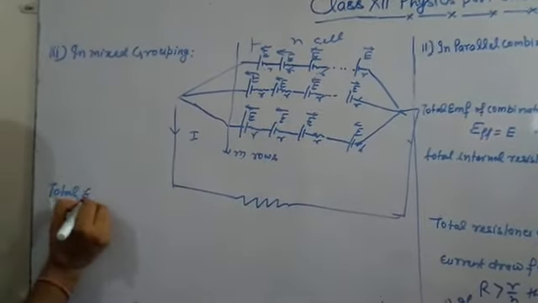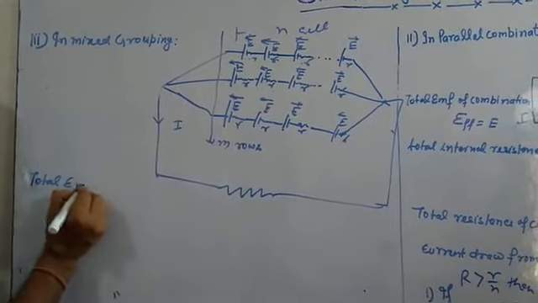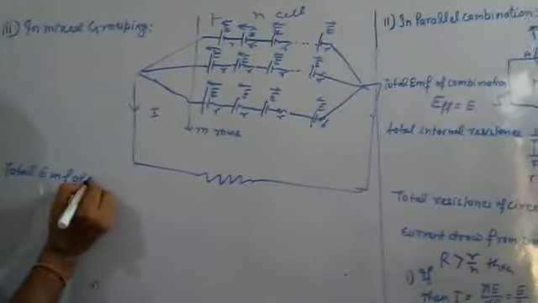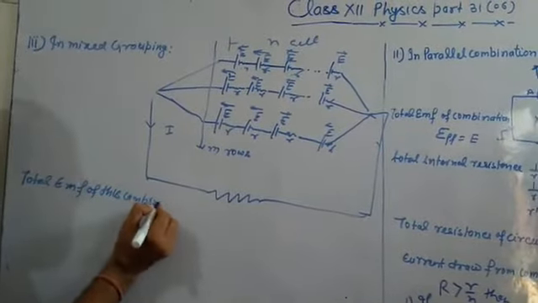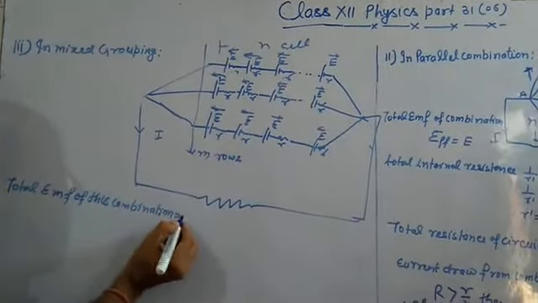Total EMF of this combination is nE, in each row, and there are m rows.